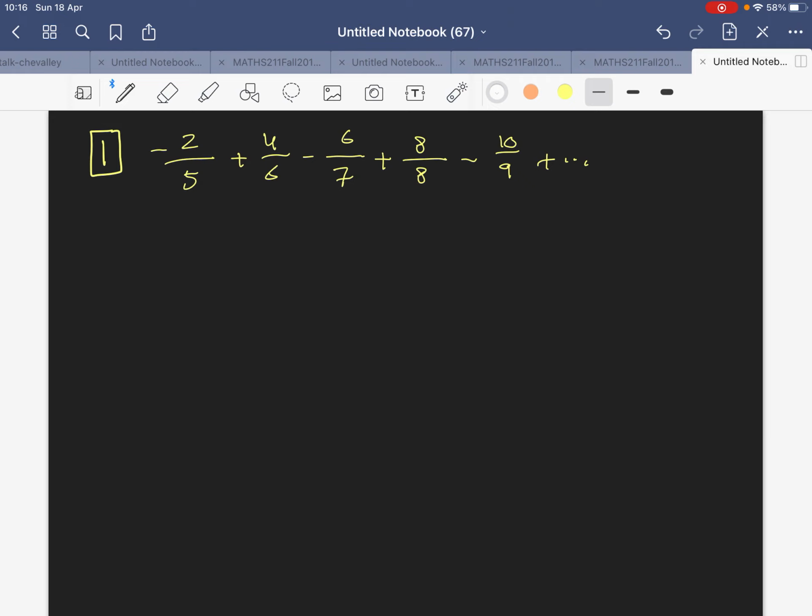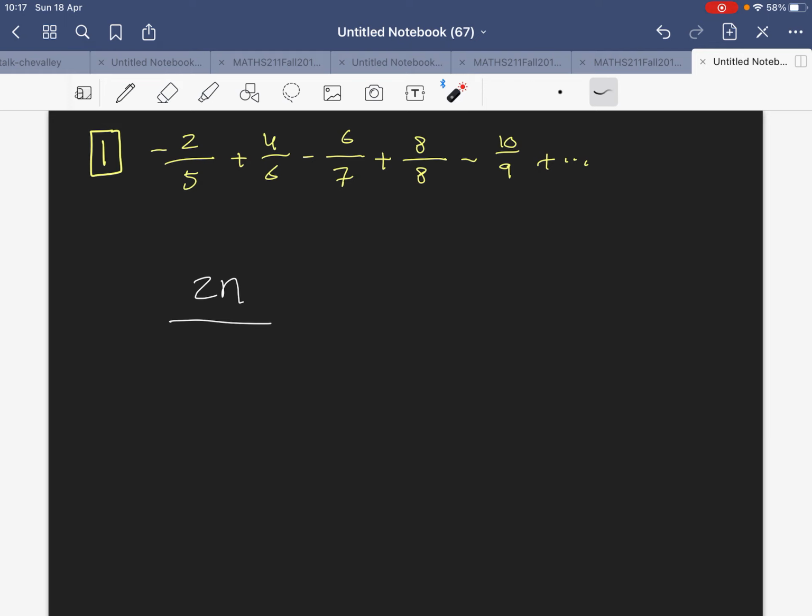Look at the top: 2, 4, 6, 8, 10. Those are even numbers. And how do we write even numbers? Usually they are 2n, starting with n equal 1. Check for me. If you put n equal 1, you get 2, 4, 6, 8, and so on.